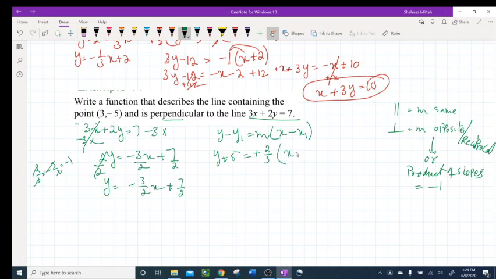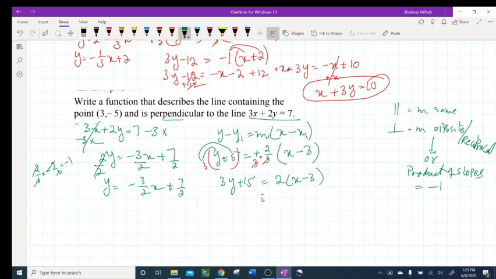And the x value is 3. Let's solve this. Get rid of the 3 first, remember. So I'm going to multiply by 3 on both sides. This 3 cancels out. That one is going to multiply. So I got 3y plus 15, because I distributed that 3, equals 2x minus 3.